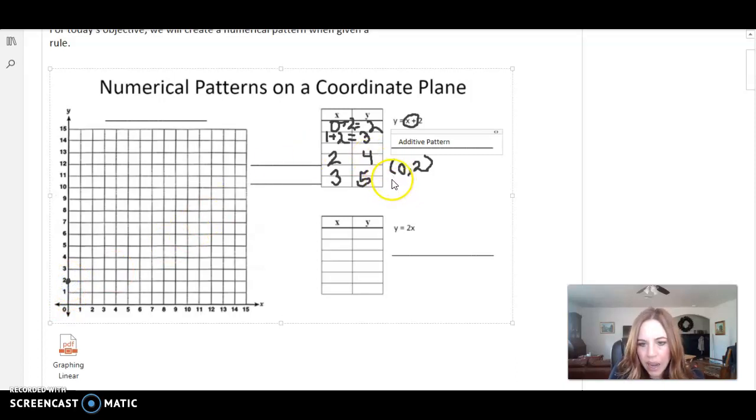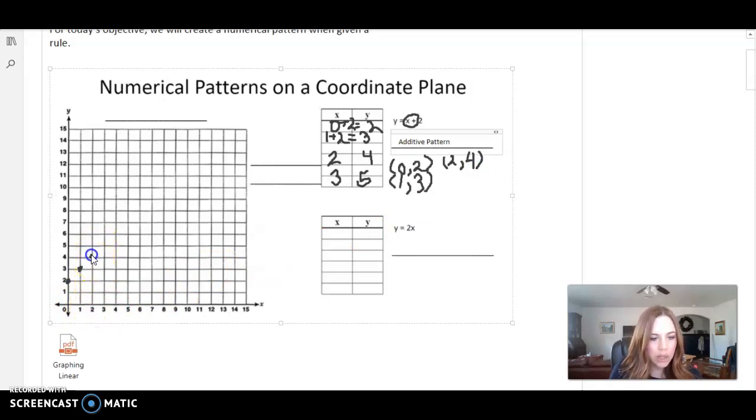And then I have 1, 3. Start at the origin, move over my x value, which is 1, and go up 3. So my dot is right there. Then I have 2, 4. Start at the origin, go over to my x value 2, and then go up 4.